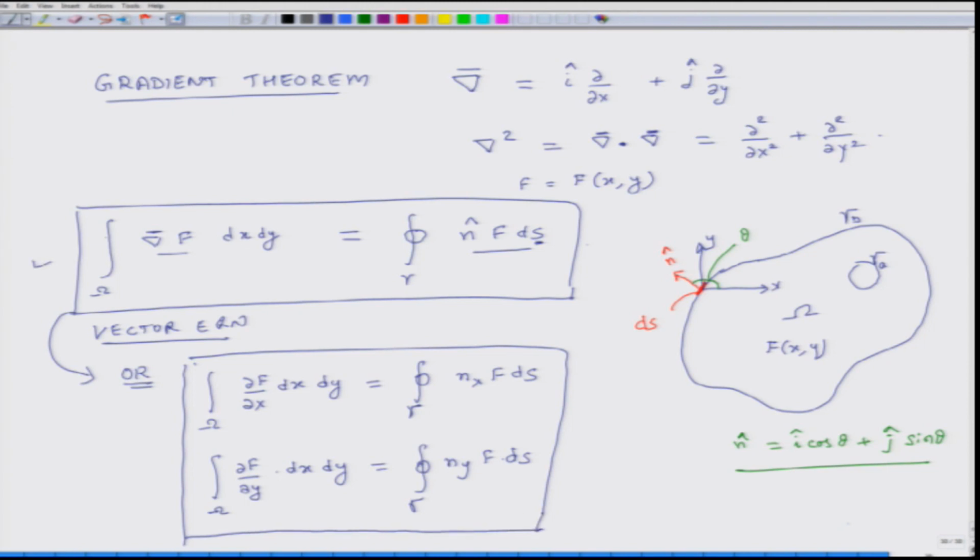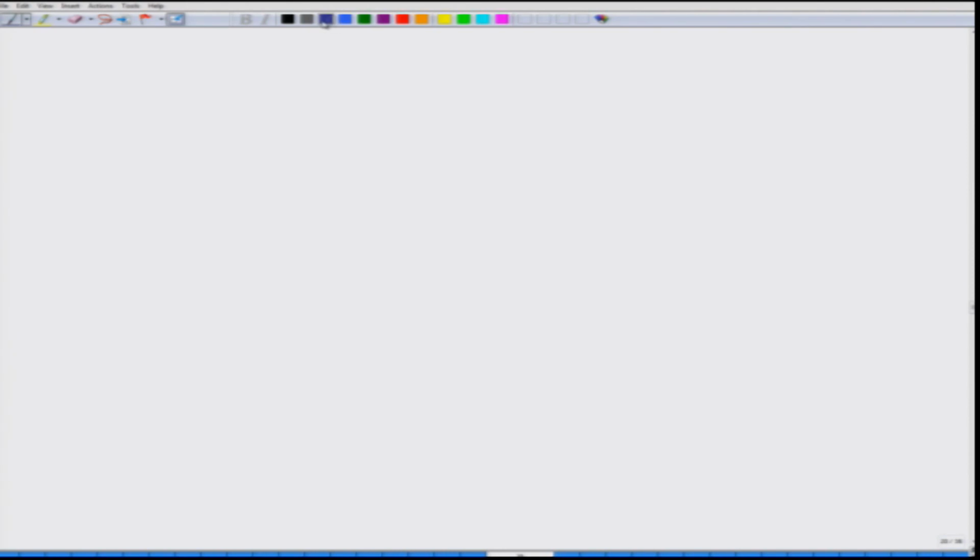This is the vector form, and this is the scalar form of the equation, where nx is equal to cosine of theta and ny is equal to sine of theta. This is what the gradient theorem says. The gradient theorem deals with scalar fields. Then there is another theorem known as the divergence theorem.